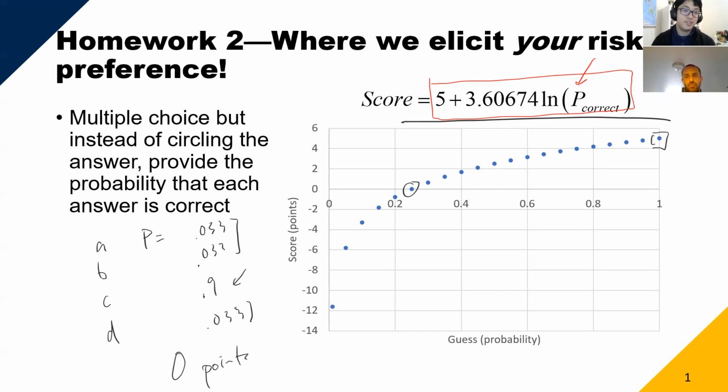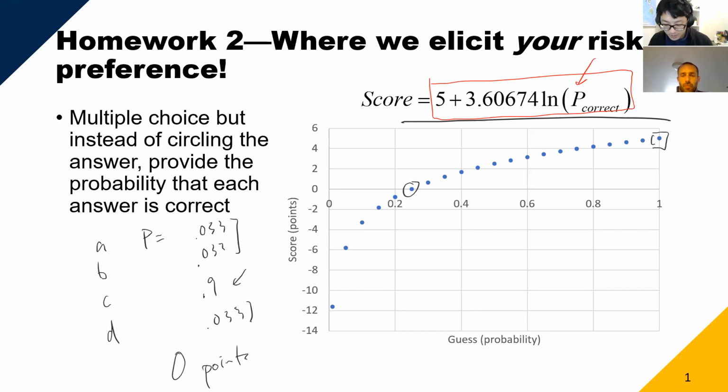So not only do you have to figure out what you think is the right answer, you also need to come up with a strategy about how much confidence you want to assign to any particular answer. Again, I will reiterate, do not put zeros. Some people have tried that and have not been successful. Some of the questions are going to be ambiguous, and that's on purpose here.